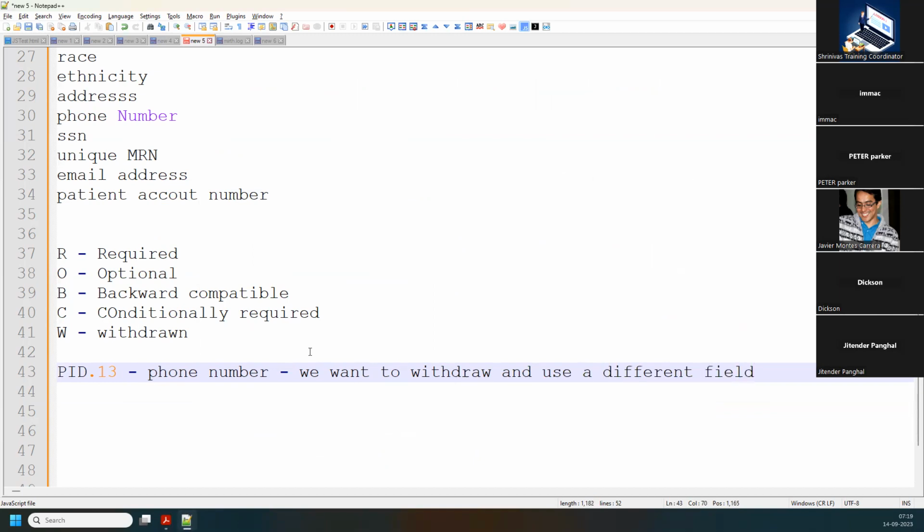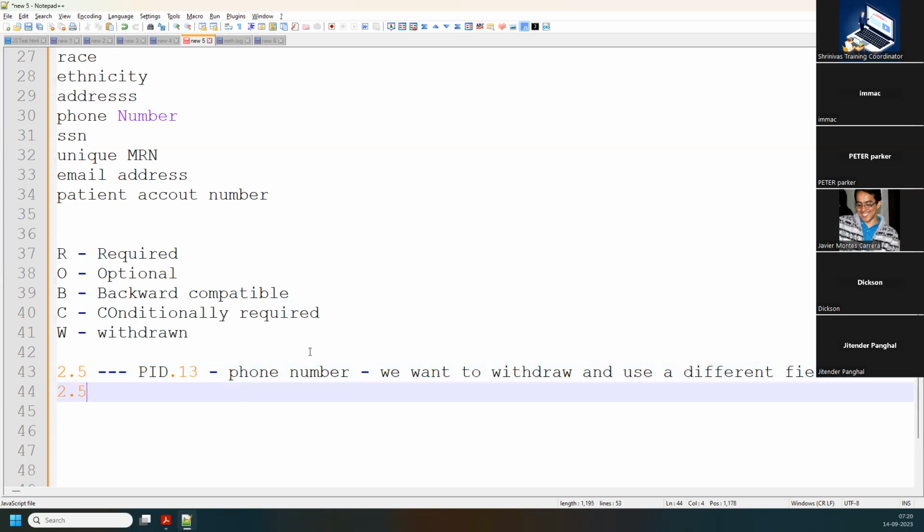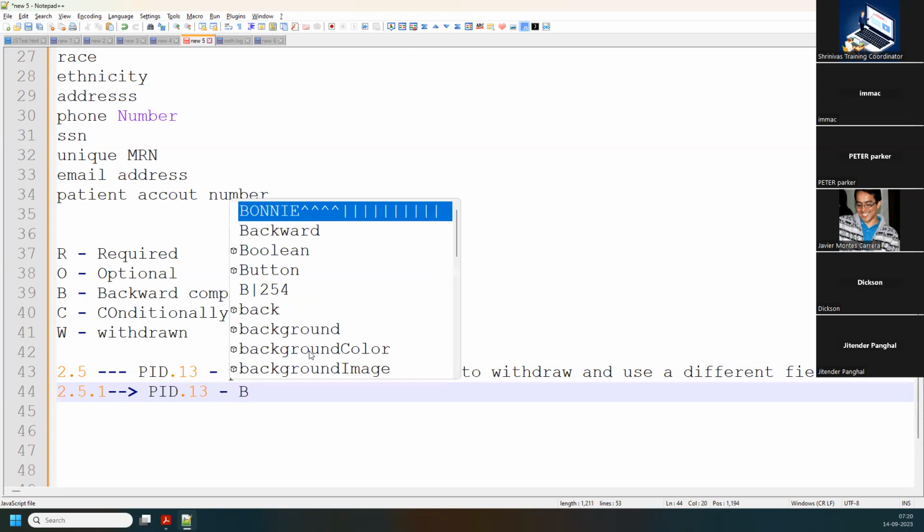When they want to use a different field, what they do first, and this is version 2.5, for example, is decide that in the future versions we don't want any more usage of PID13. We are going to retire that field or mark that field as withdrawn. So in 2.5.1, they represent PID13 as backward compatible.